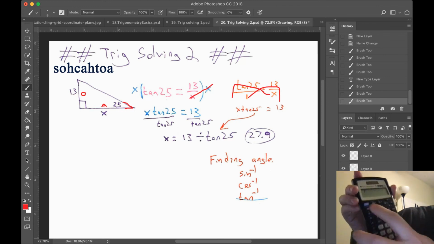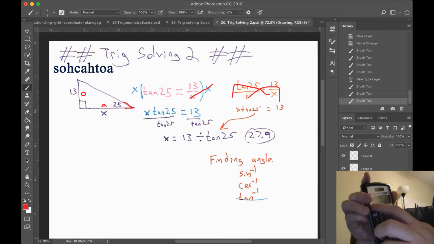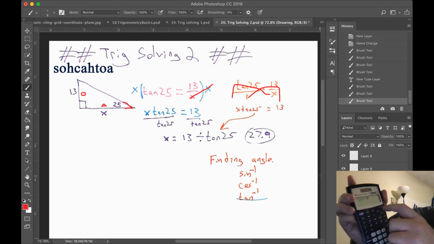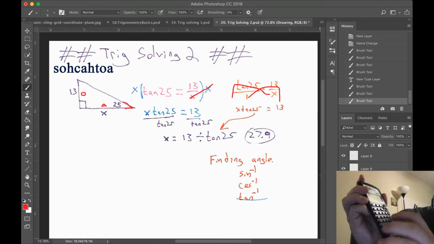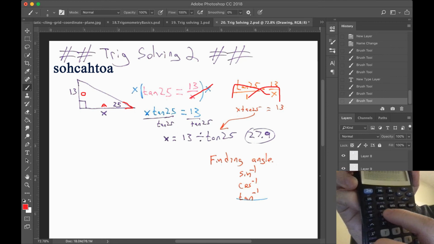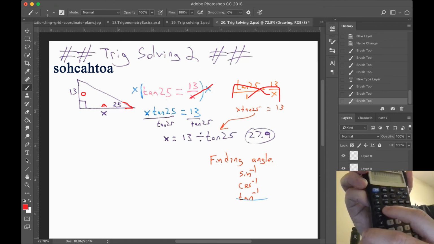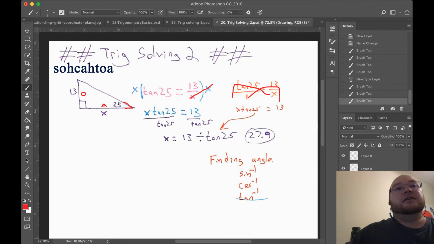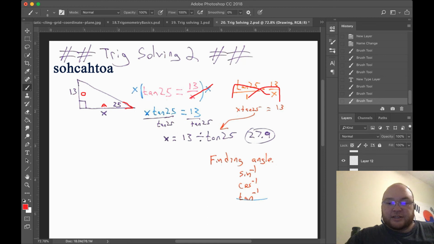Or second cosine, which is the cosine inverse, second tangent, tangent inverse. And you can see those little blue words right above the buttons. So the reason we're doing this is because, as you'll see once we get an equation written.